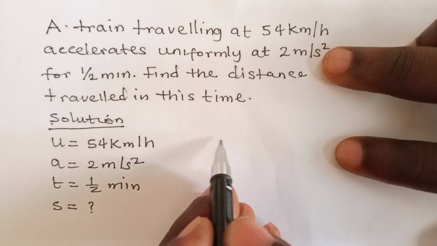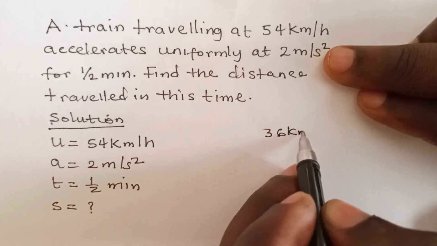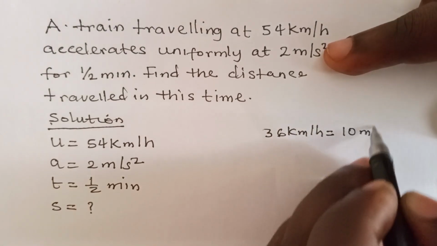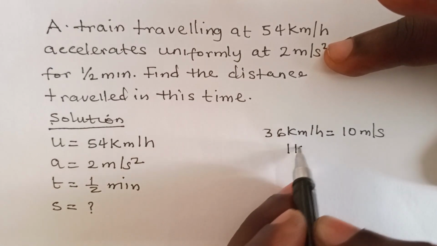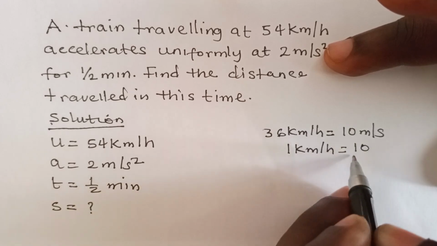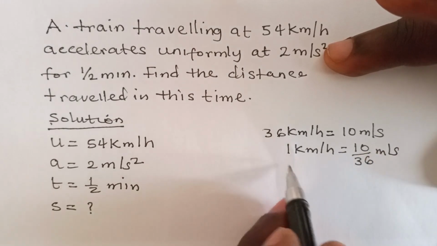Now, 36 kilometers per hour is the same thing as 10 meters per second. It means that 1 kilometer per hour is 10 over 36 meters per second.